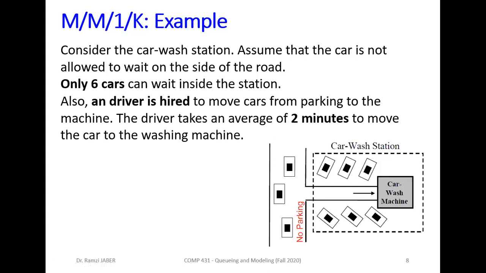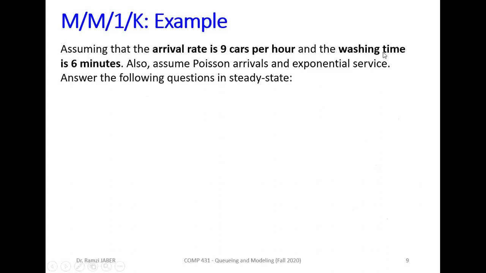Then, when it's the car's turn, the driver will drive this car into the machine in 2 minutes, and the washing time is 6 minutes. Assume Poisson arrival and exponential service. Answer the following questions in steady state. So we have assumed that we have M/M/1/K here.